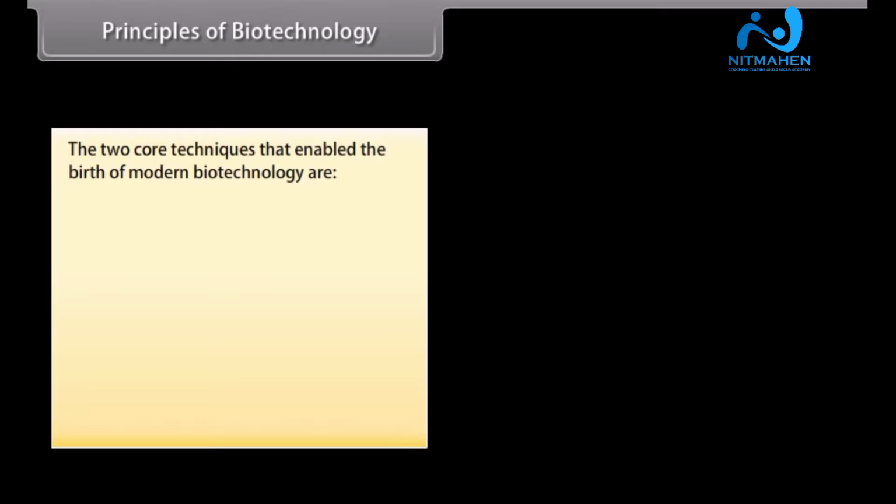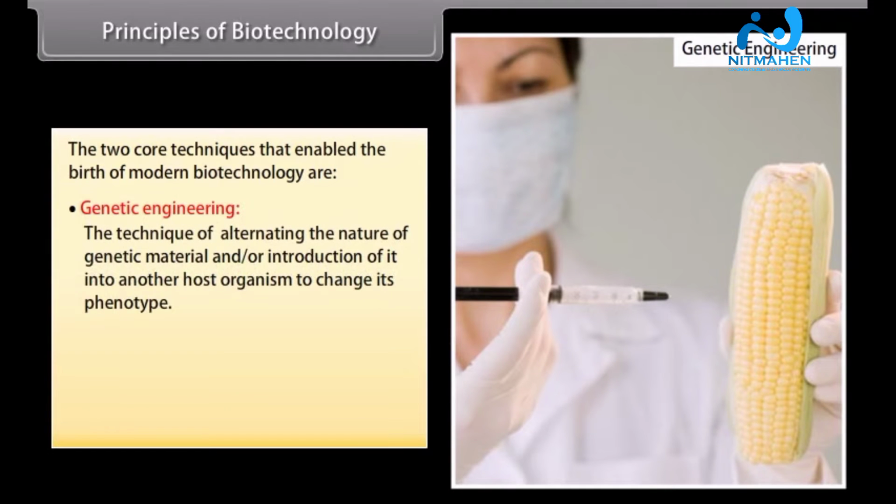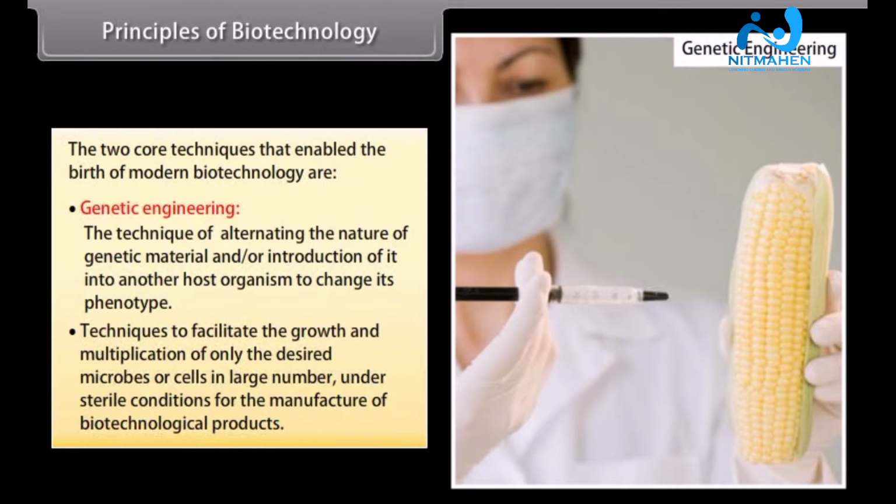The two core techniques that enabled the birth of modern biotechnology are genetic engineering, the technique of altering the nature of genetic material and/or introduction of it into another host organism to change its phenotype. Techniques to facilitate the growth and multiplication of only the desired microbes or cells in large number under sterile conditions for the manufacture of biotechnological products.